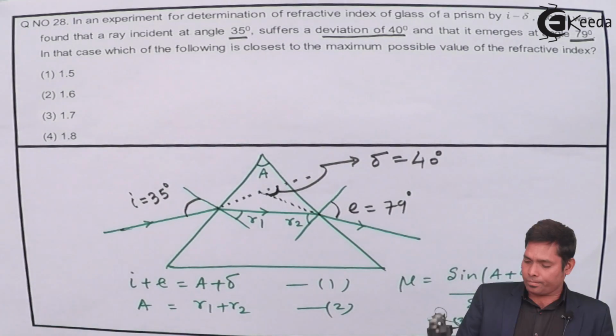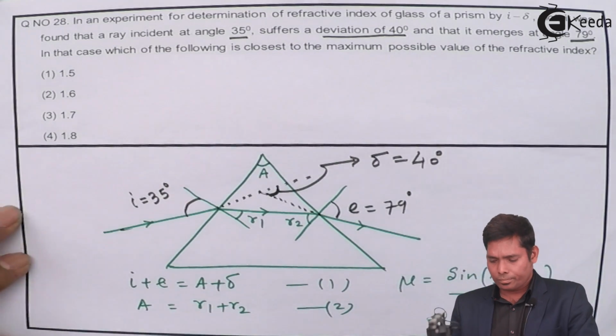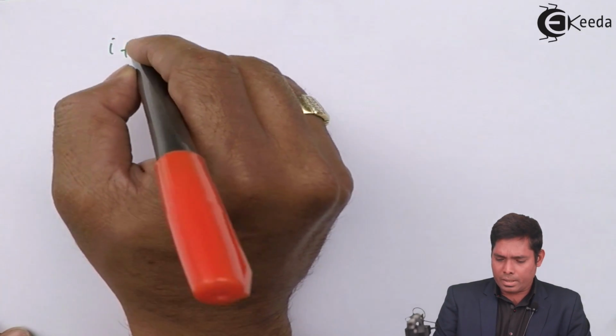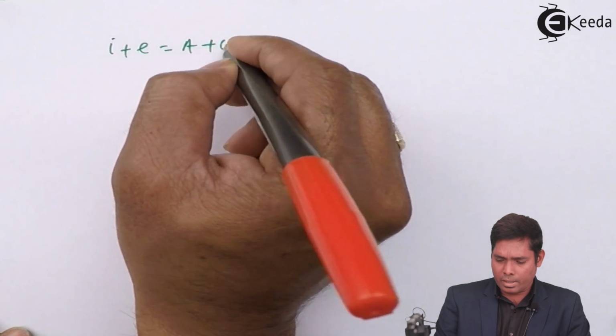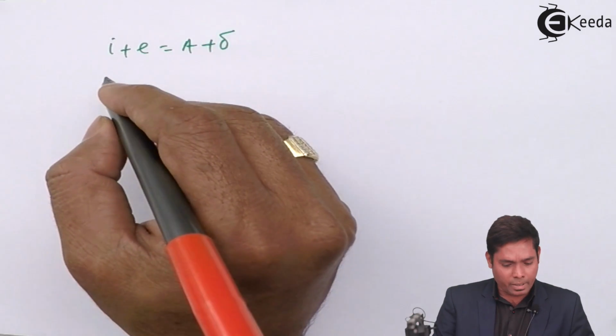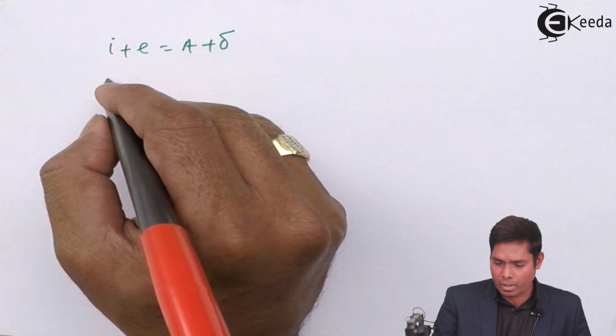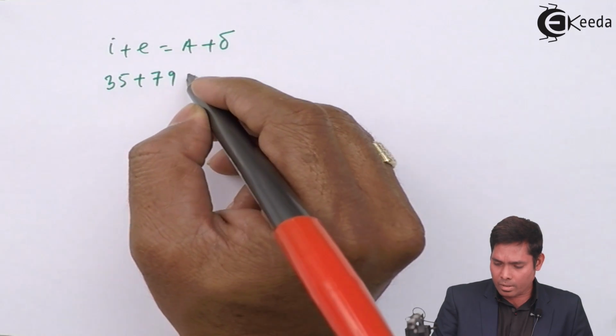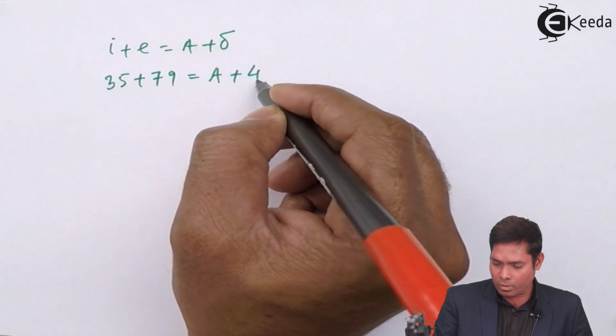Now I write I plus E is A plus delta. I is 35, E is 79, and delta is 40.